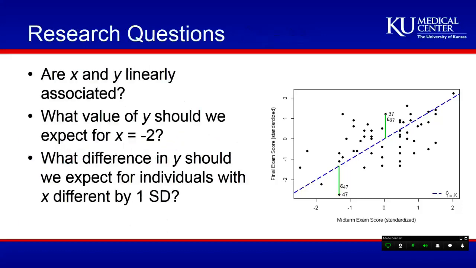pretest. The research questions that we address with linear regression have to do with the association, the strength of association between x and y, but it's a specific kind of association. I alluded to the fact that if it's not linear, then we shouldn't be using linear regression, because though we can fit a line to any data, that line might not be the best means to describe the relationship. So always visualize the relationship first and make sure a line looks appropriate.